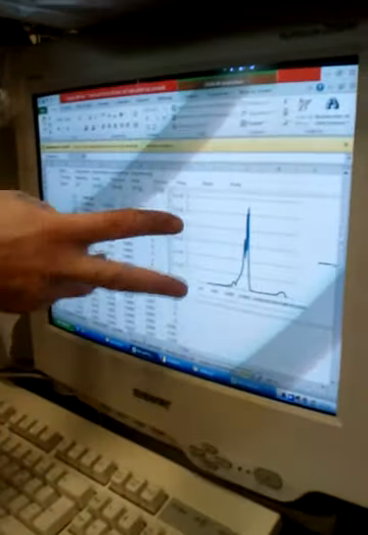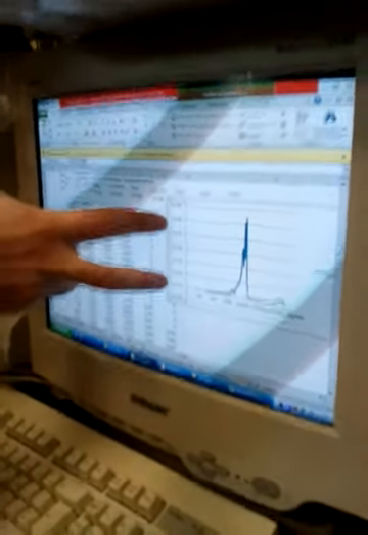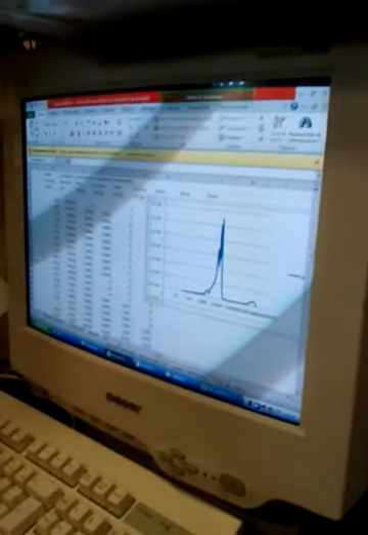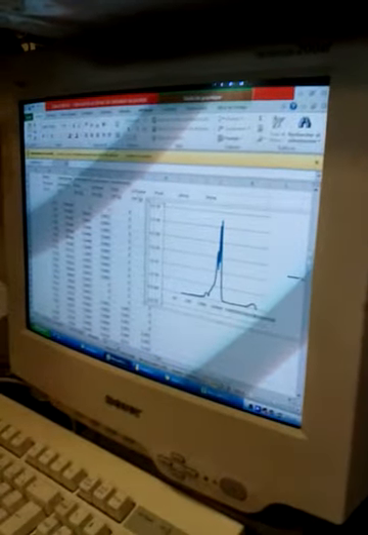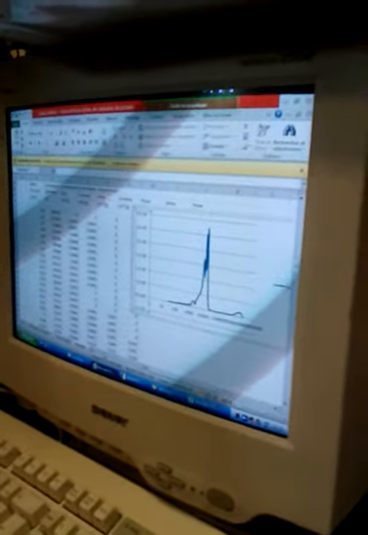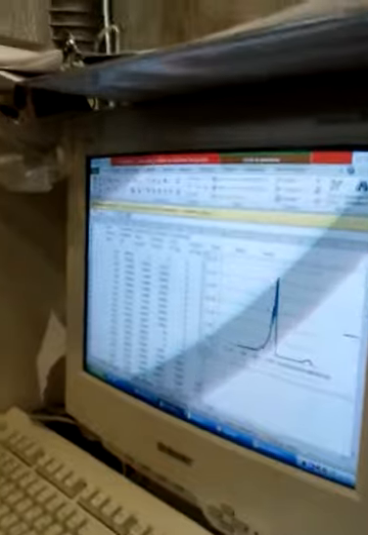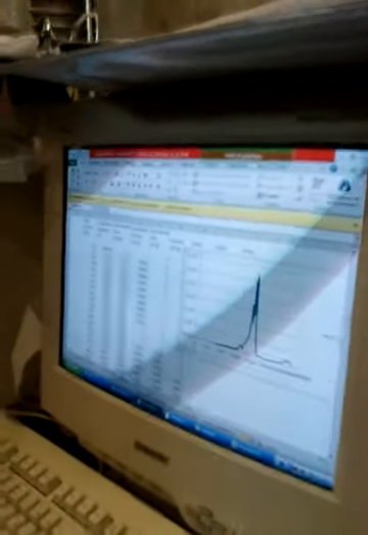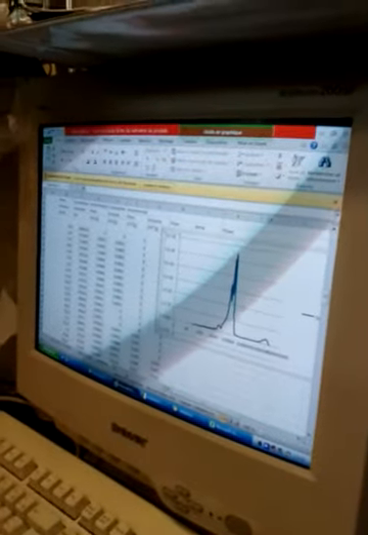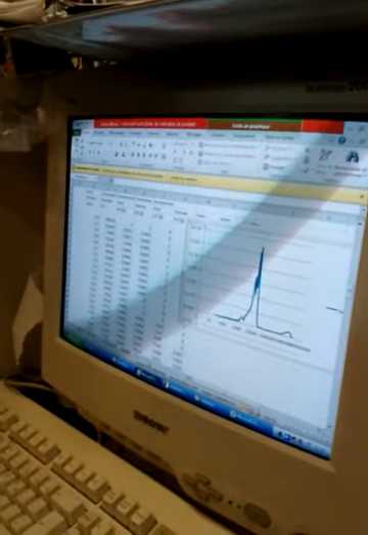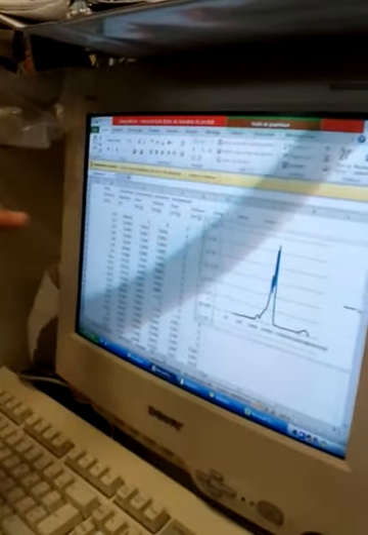In fact, it's exactly the same kind of analysis that we make with particle size distribution. The same idea, but it's not the size of the particle, it's the size of the pores. I will show you after how we get the result.